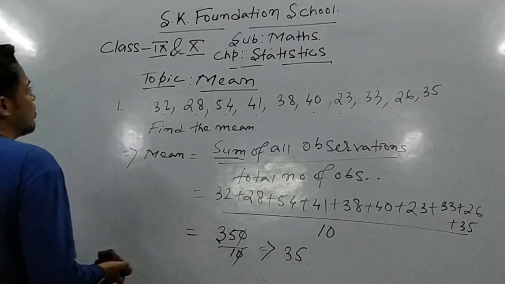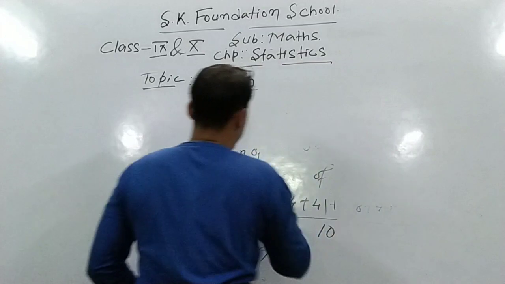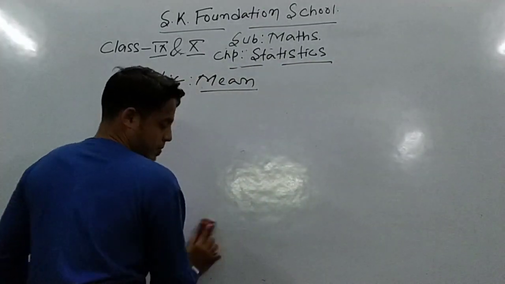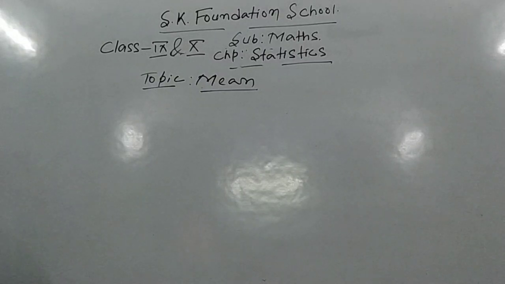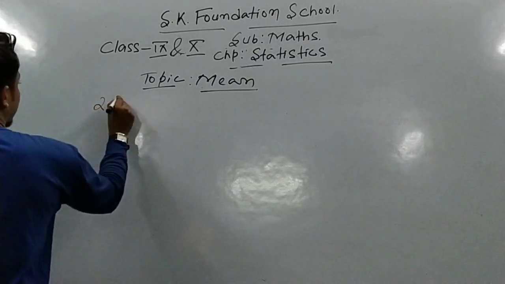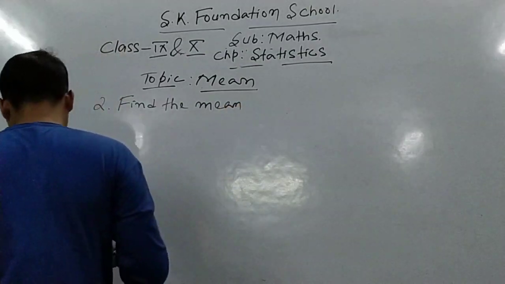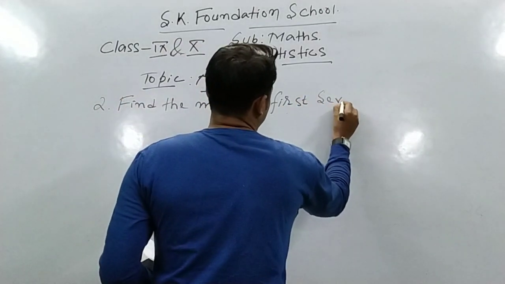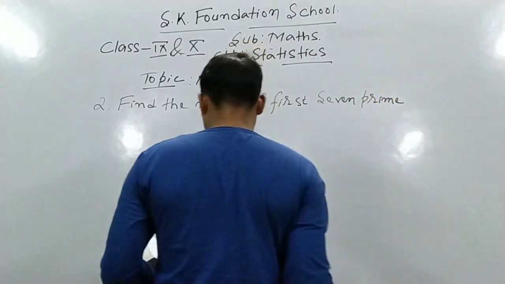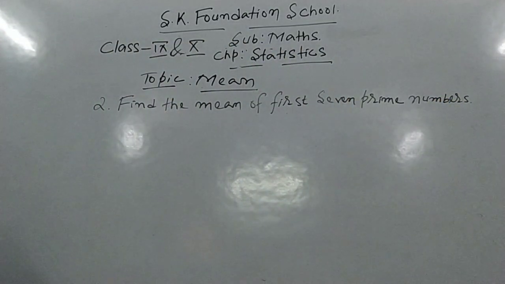Next we are going to move to another type of example. Find the mean of the first 7 prime numbers.